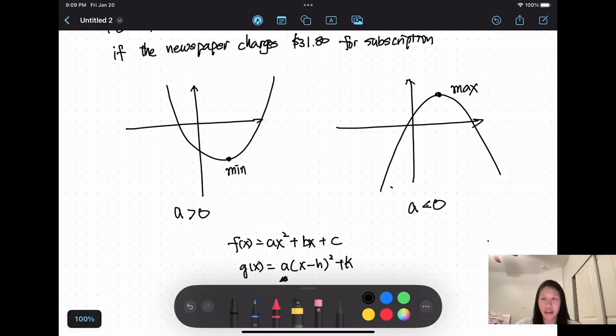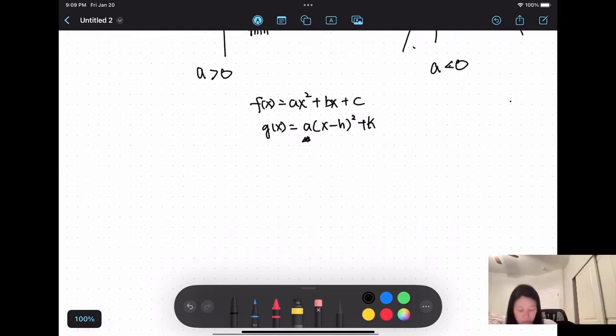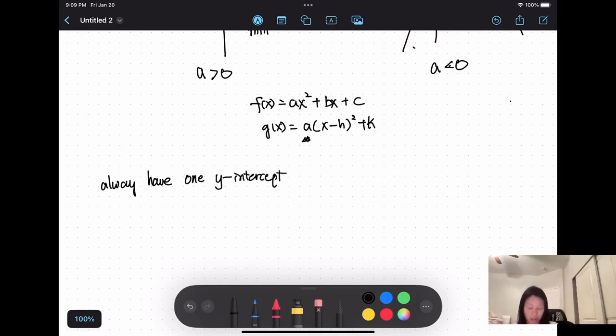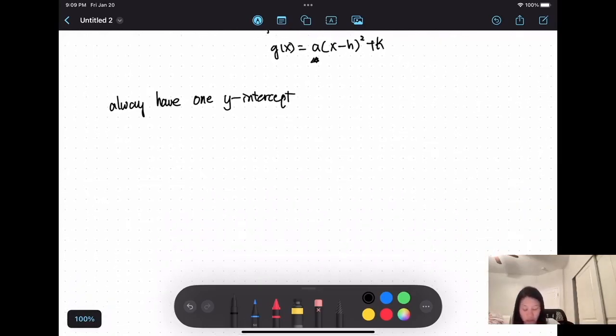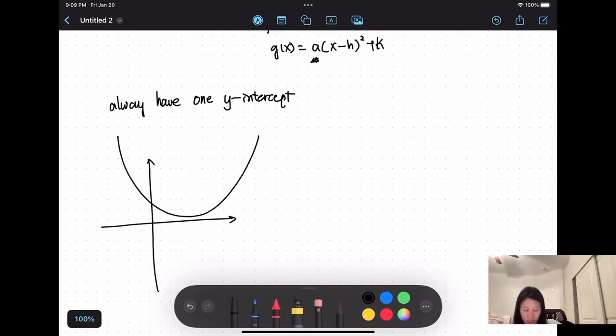Okay, so the last thing I want to discuss is intercepts. In a quadratic function, we always have one y-intercept. So what about x-intercepts? Well, there are three possibilities. Either they don't have an x-intercept. For open up, if you don't have an x-intercept, the graph will look like that, meaning the vertex is above the x-axis.